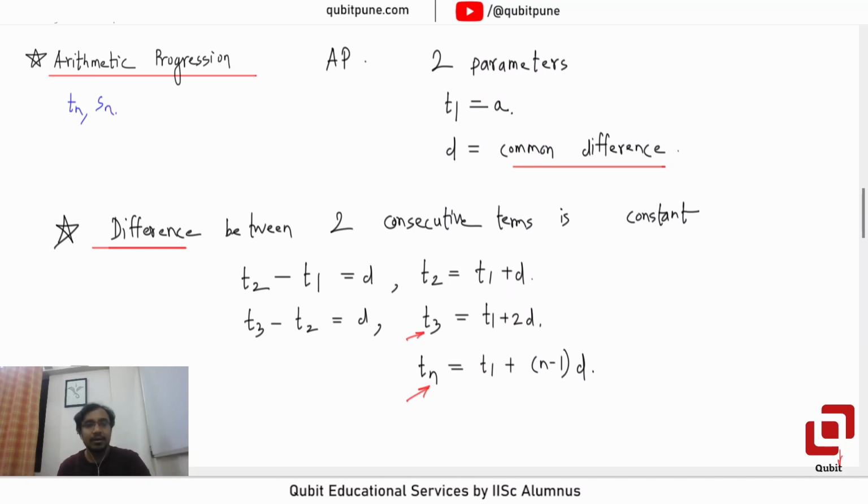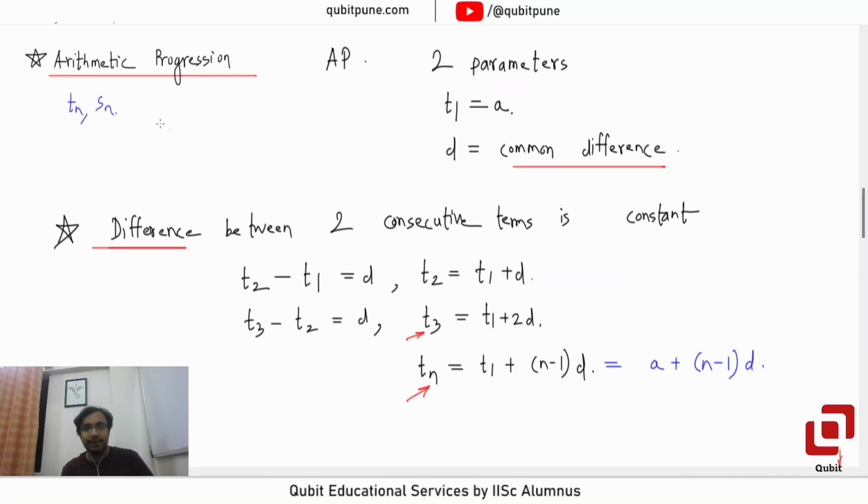So this is the main formula associated with an arithmetic progression, the formula for the nth term. Tn is equal to T1 plus n minus 1 into D, or A plus n minus 1 times D. That is the formula for the nth term of an AP.